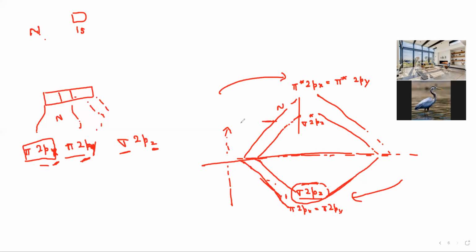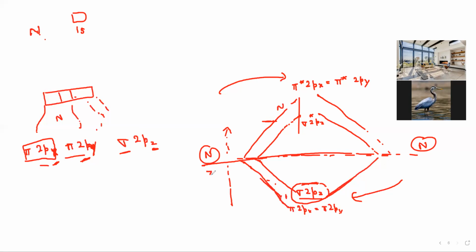So when you fill up the electrons of nitrogen, can you just tell me where the electron will first go? If electrons are removing from here, where will it go? Bonding or anti-bonding? It's going to go to bonding.